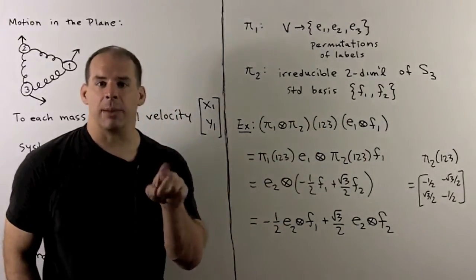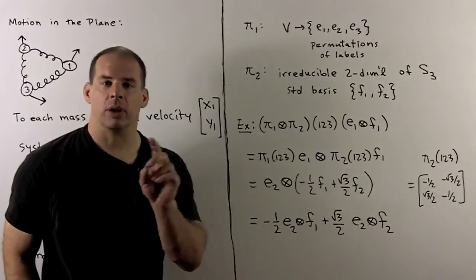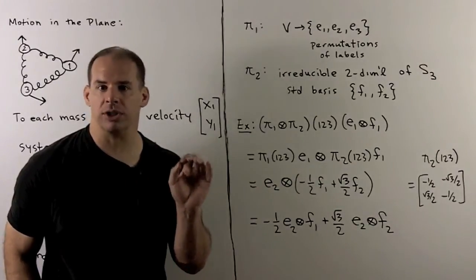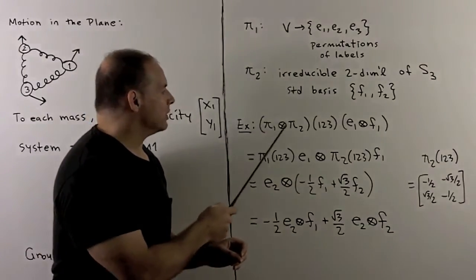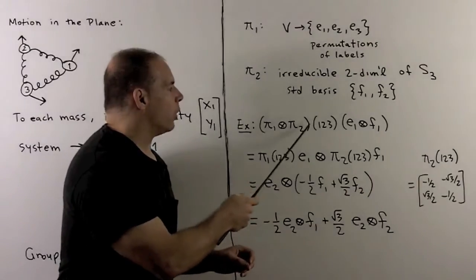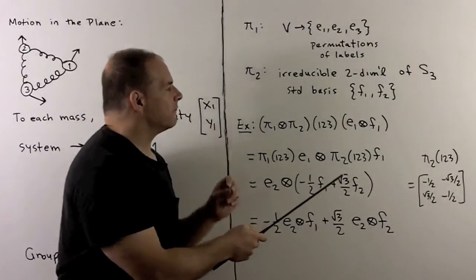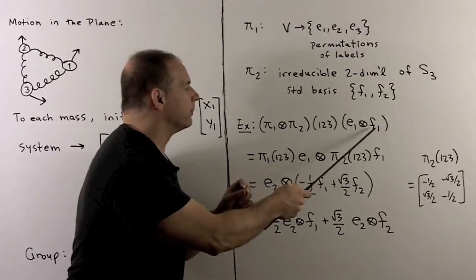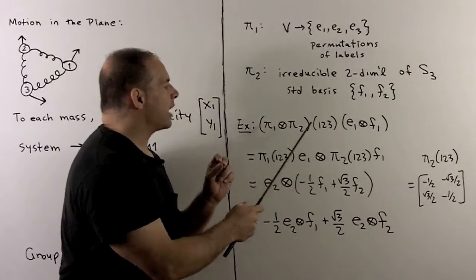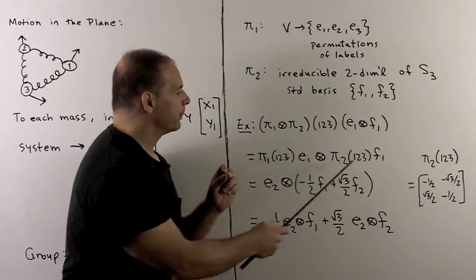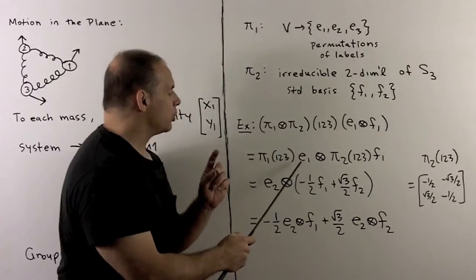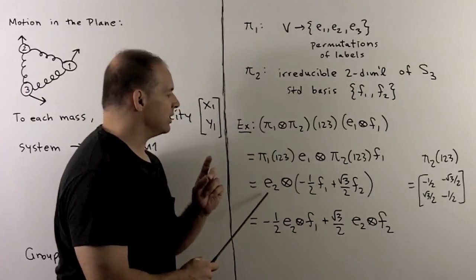Now, for a sample computation of the tensor, we'll need to do a lot of these, but I'll leave that work to you. Take pi 1 tensor pi 2, apply it to the element (1 2 3), and I'll apply that to the vector E1 tensor F1. So we apply the group action to each component. In the first part, we're just doing permutations, so that goes to E2.